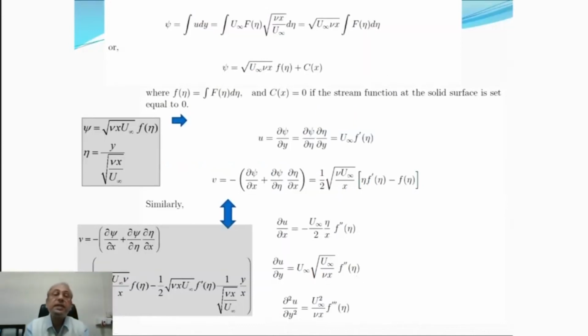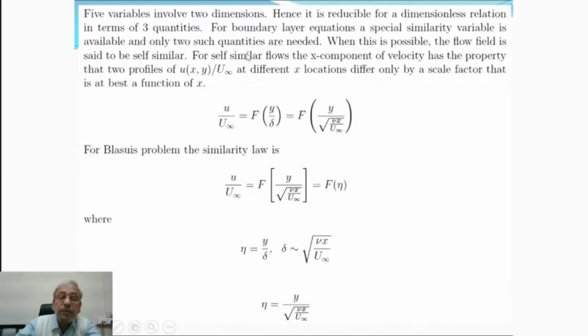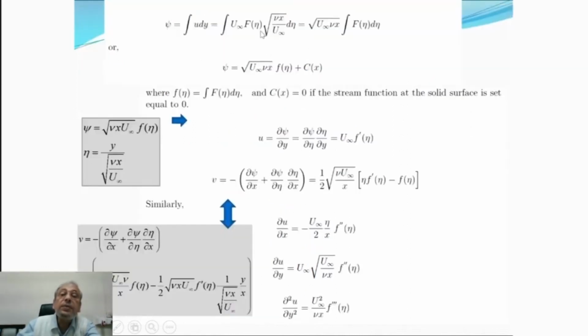Now let us define the stream function. From our basic definition, the stream function is the integral of u dy. Now u, if we express it in terms of u infinity, because we have seen u by u infinity is F of eta, we can write u as u infinity into F of eta, and dy as root over nu x by u infinity into d eta.